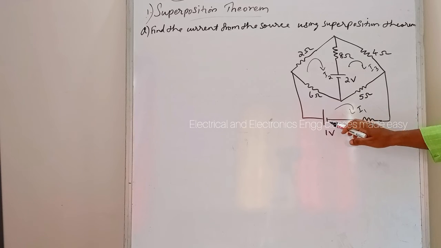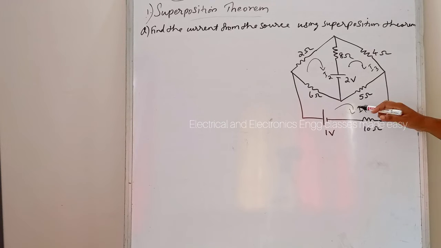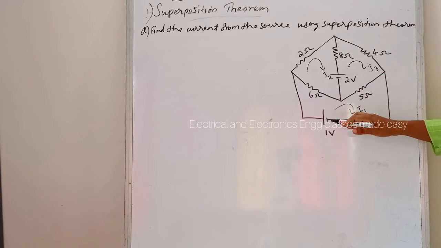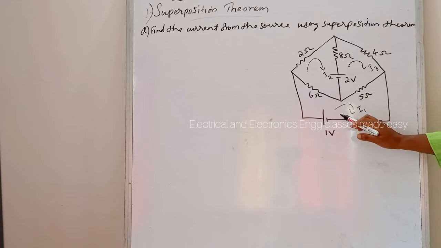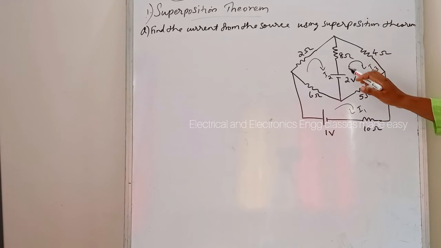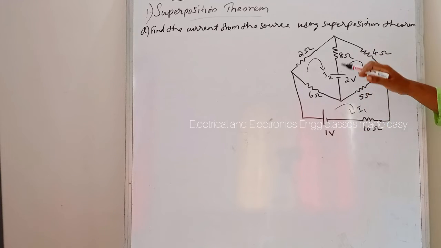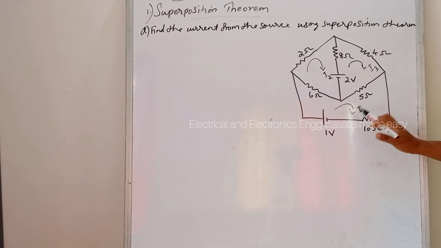So here we have to find the value of I1 using superposition theorem. So there are 2 voltage sources here. So first of all consider one source, then deactivate the other source and find the current I1.